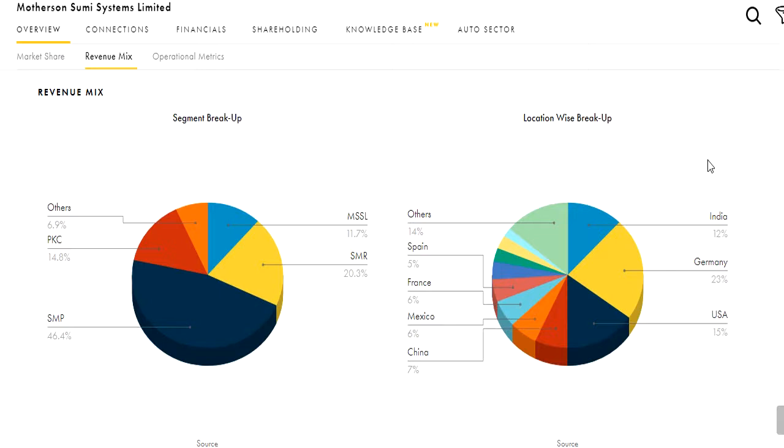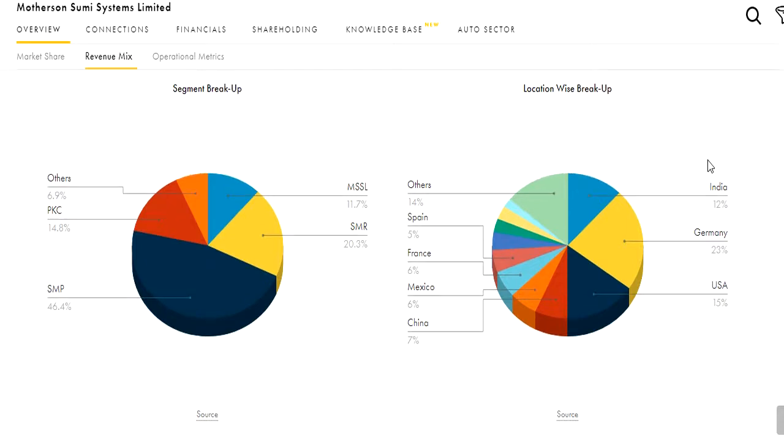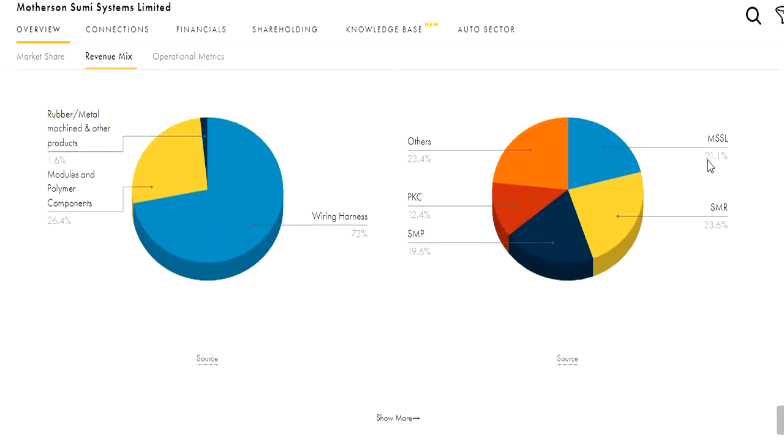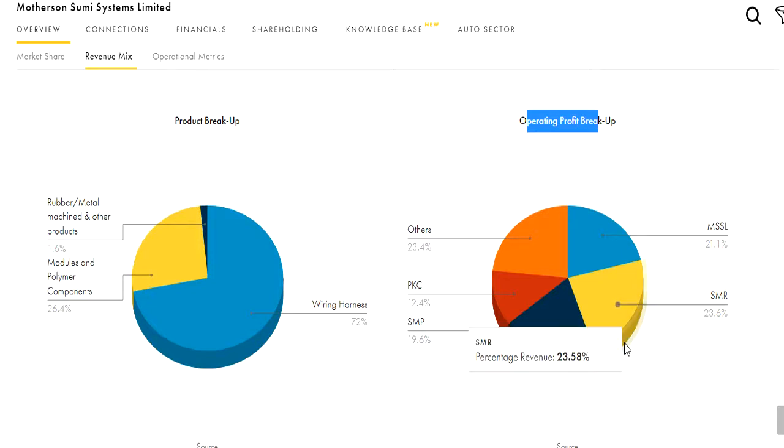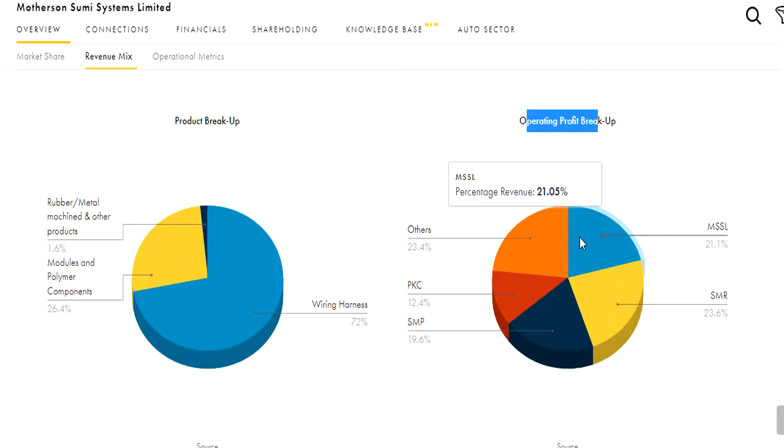So this percentage will let you know the best fundamentals of that particular company. And then the product breakup, what products it is producing and operating, and the profit breakup, where they are making the most profit. You can see that breakup here.